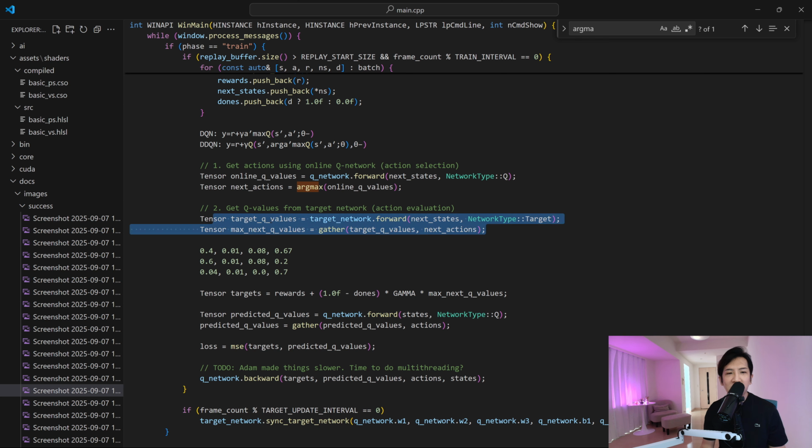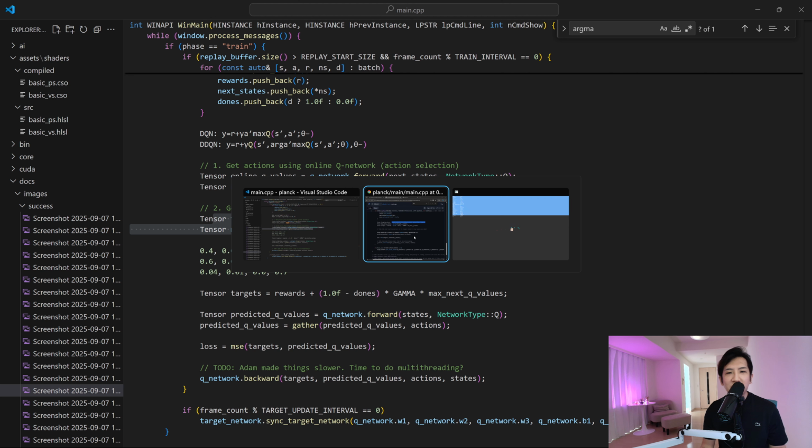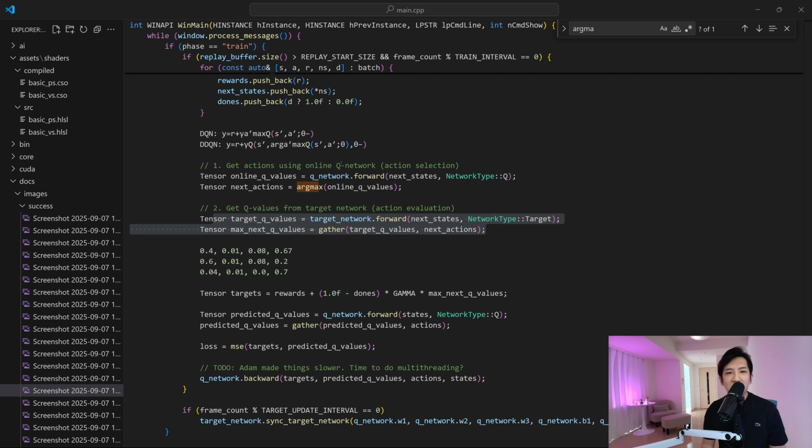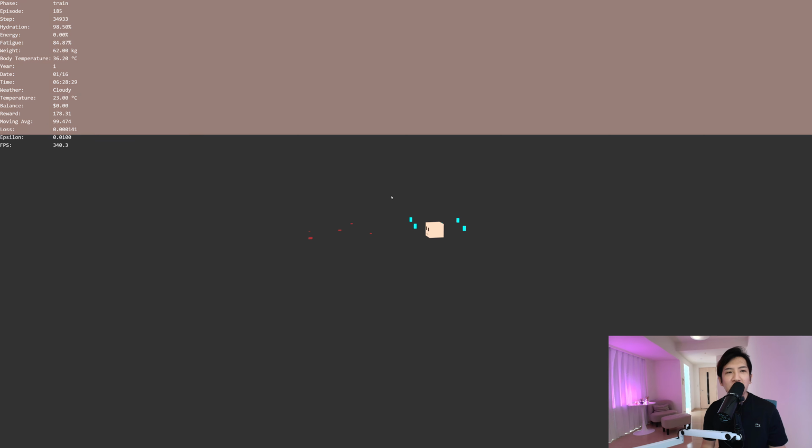So anyways, what was the outcome? I would say I think it has improved my AI after I upgraded to DDQN. Before the upgrade, the AI used to jitter and oscillate more often, and it was just behaving weirdly.